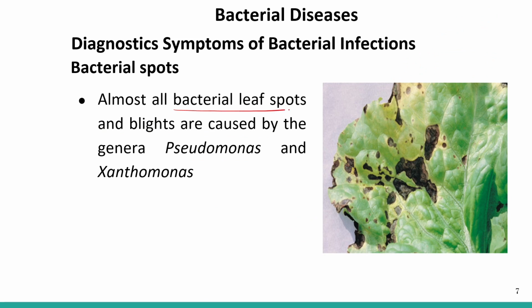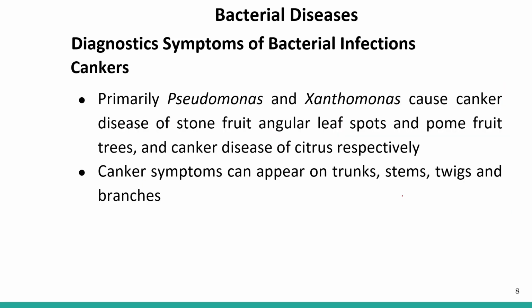Almost all bacterial leaf spots and blights are caused by Pseudomonas and Xanthomonas. These are the two genera that cause bacterial leaf spot. Here you can see the bacterial leaf spot, and this surrounding region, this yellow, is called the chlorotic halo.